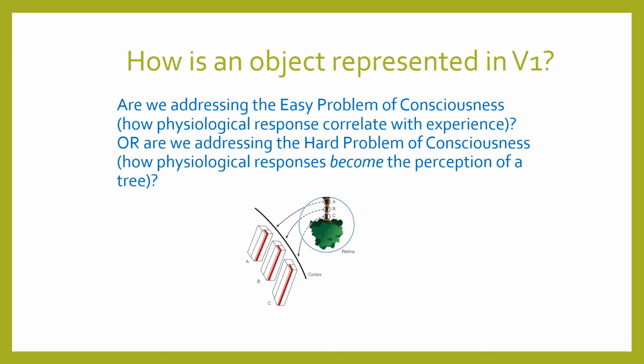They're separated by location, but because of the way hypercolumns are, they have this separation in space in the brain. And I want to ask the question, and I think I went through it pretty well on the last slide, but are we addressing so far the easy problem of consciousness, this question of correlation, or are we addressing the hard problem of consciousness, how physiological responses become the perception of a tree?